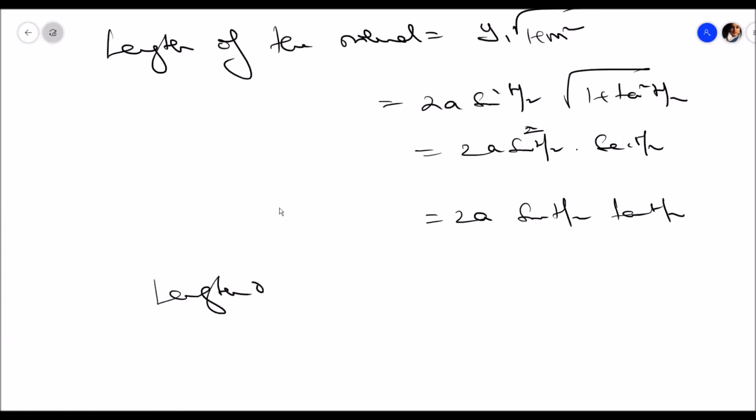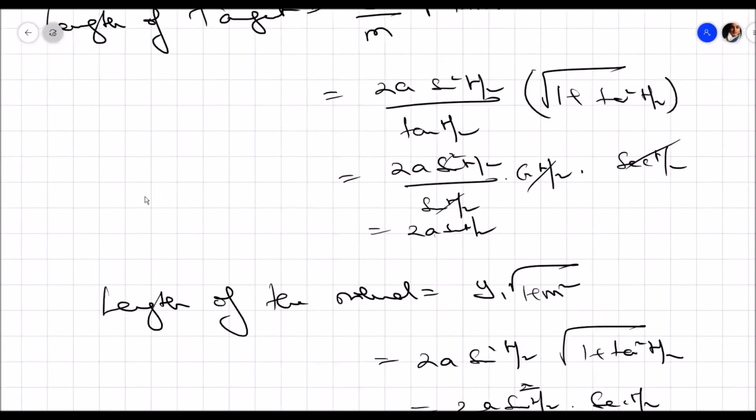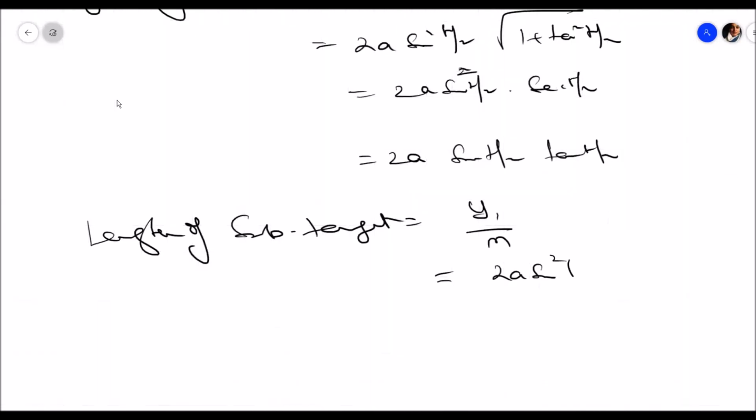Right? Length of the subtangent is nothing but y1 by m. Y1 is 2a sine square t by 2 by tan t by 2.